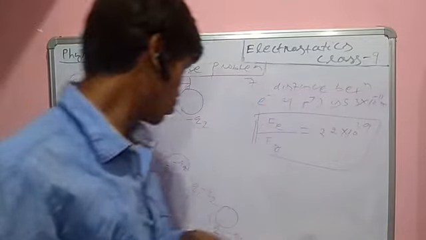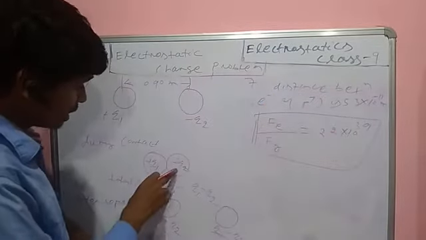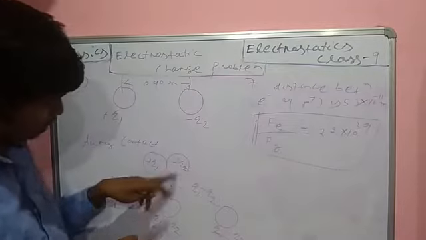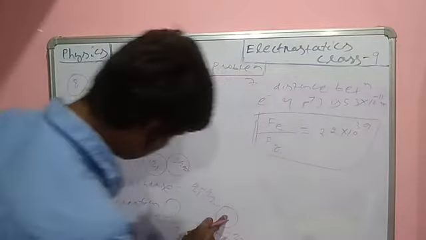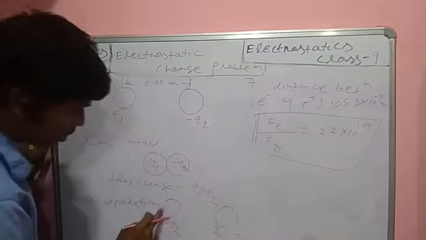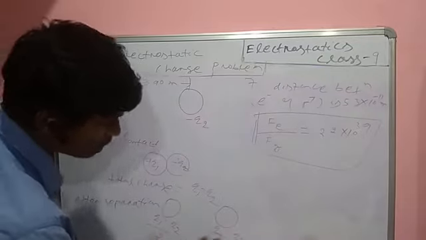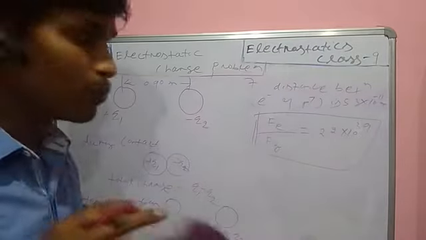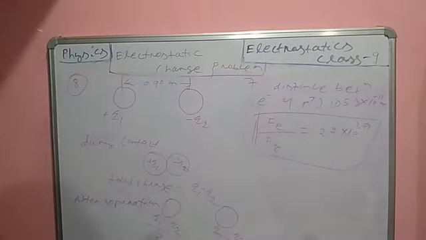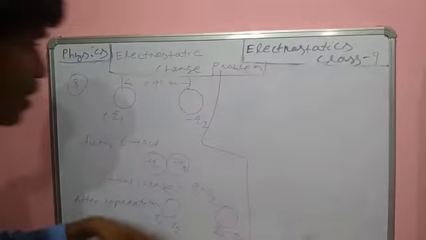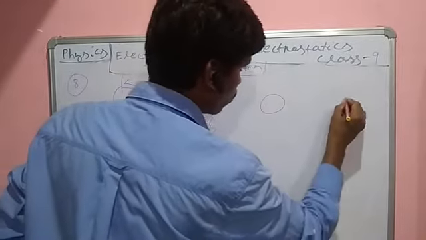So the two bodies after separation: one body has (Q1 + Q2)/2 and the other also has (Q1 + Q2)/2.